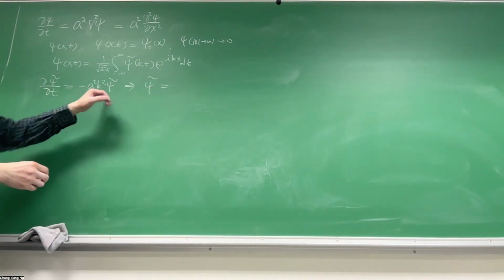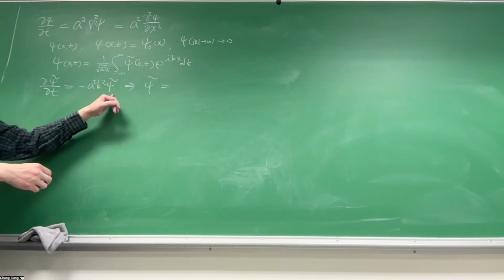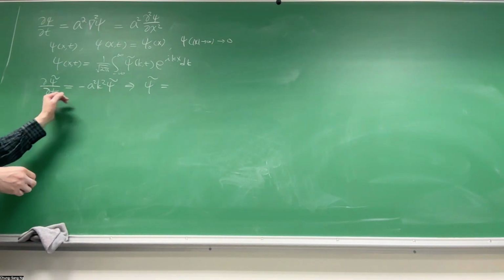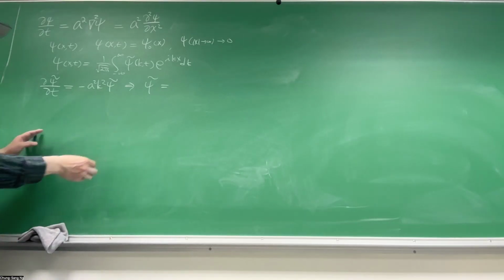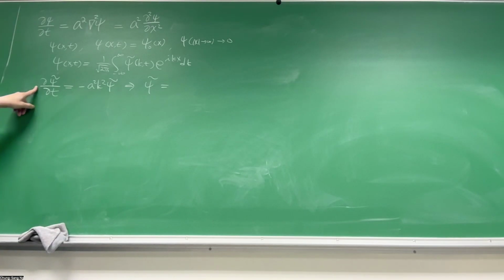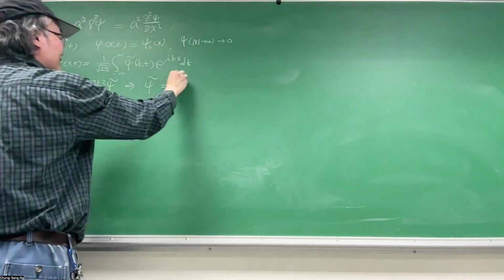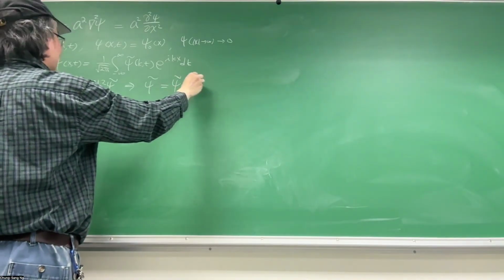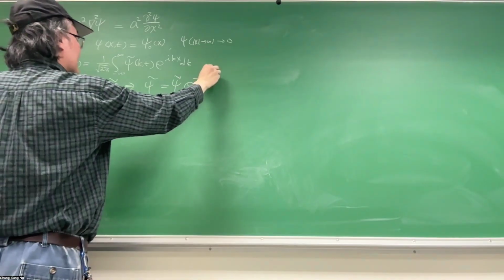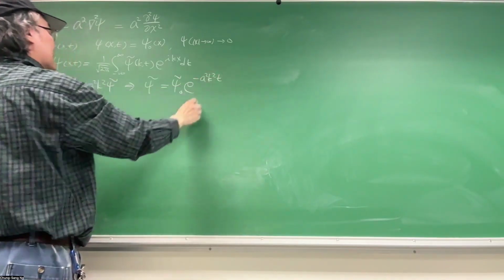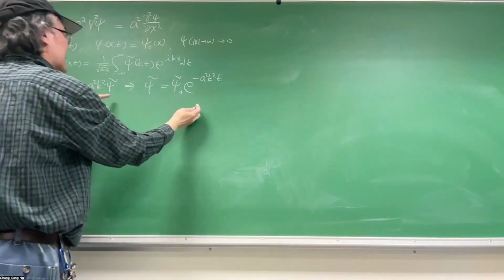You remember? Not harmonic, because this is first order. So psi tilde equals psi tilde 0 times the exponential of minus a squared k squared t, whatever the coefficient. Everything decays away in time, right?